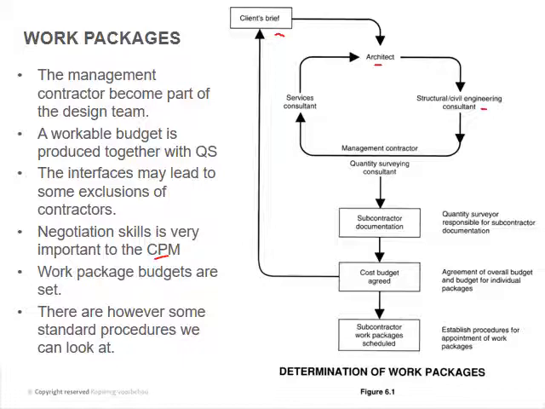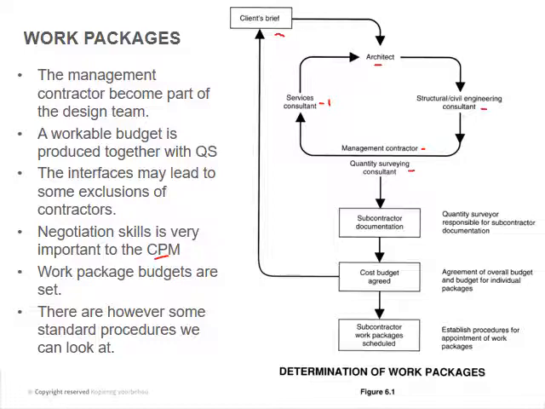Then you've got your managing contractor on this side, and then your QS consultant, and then your service consultant on this side. So the service consultant is usually like a QS maybe, or someone that looks at the contract and so on. And then you've got your contractor who actually does the final design.